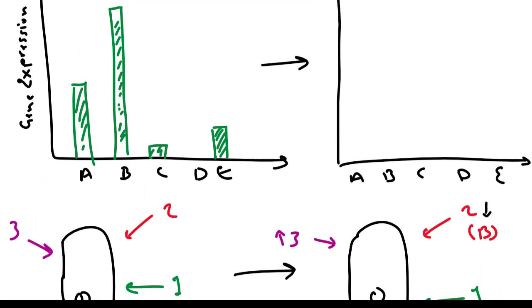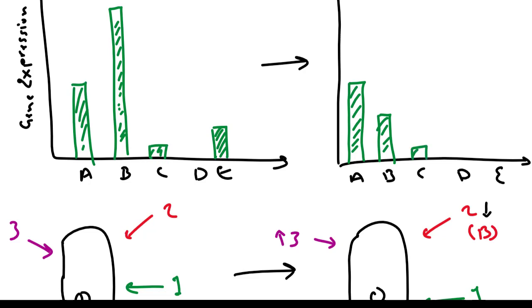we can see that, okay, well, let's say that A does not change when we're in vitro. But B is down. C is the same.